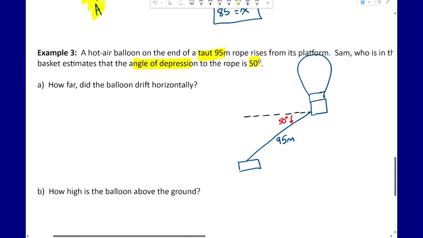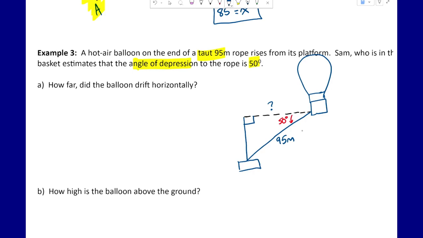and the first question asks how far away horizontally did the balloon drift? So we are looking for this measurement here. We want to find out what is this horizontal length. Now, we kind of draw in our 90 degrees, right? We can see kind of the horizontal and the vertical component, or the height of the balloon from the platform.